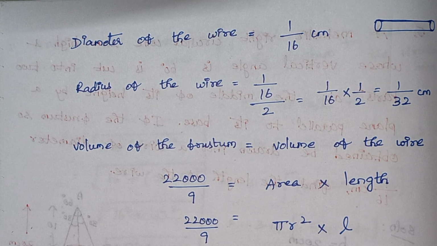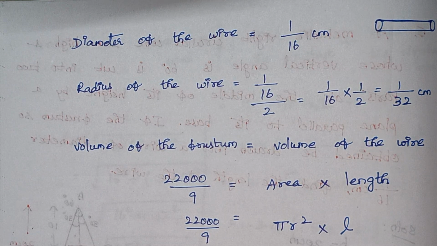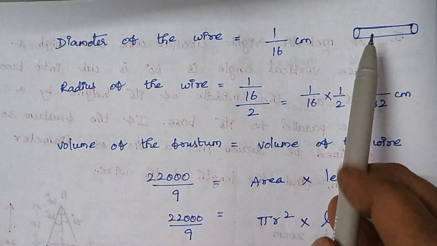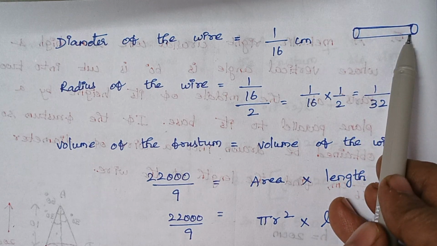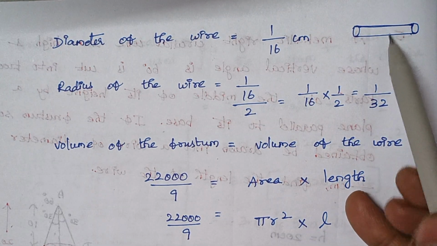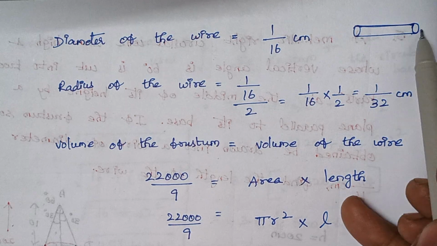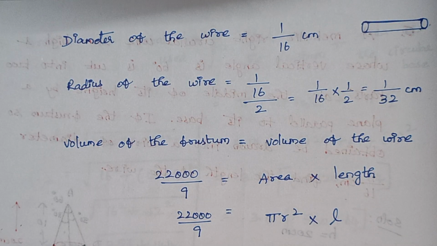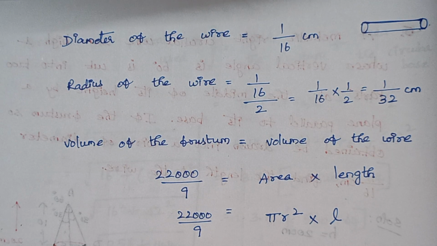So now we are converting that volume of the frustum of the cone into wire of diameter 1 by 16 centimeter. So a wire will look like this, right? Obviously this resembles a cylinder, right?